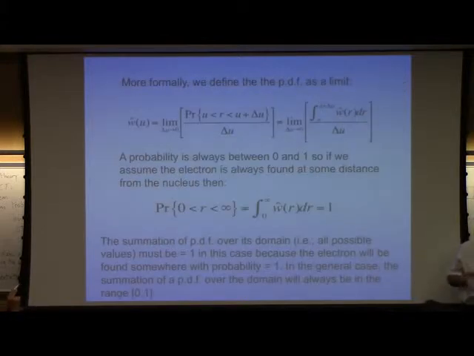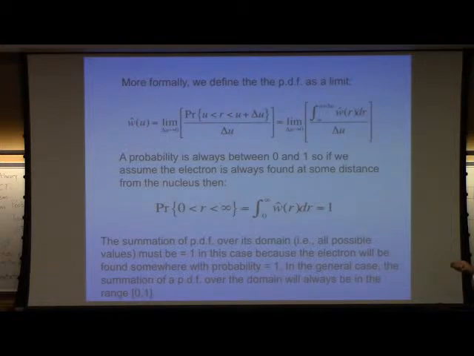Now, we're all smart. We've had calculus and we understand limits. So you can think about it as a limit, much the way a derivative is a limit. It's the probability of finding this between u and u plus delta u. So take that limit. That's another way. An important thing, like in this case of the electron, is that you know it's somewhere out there.